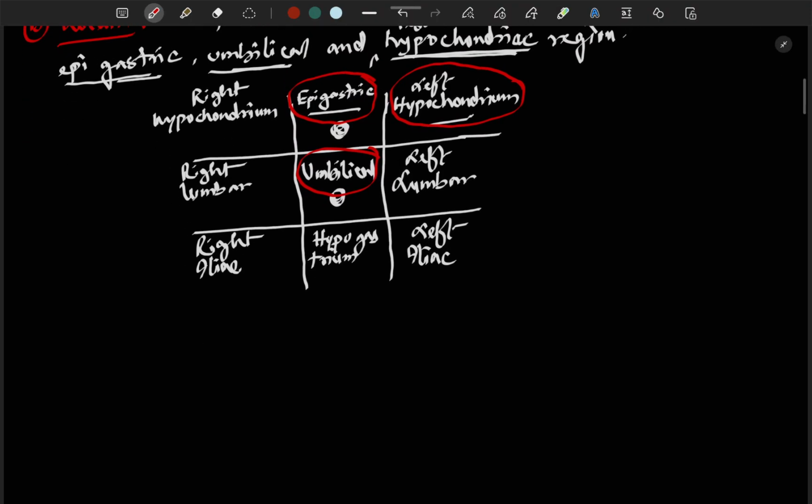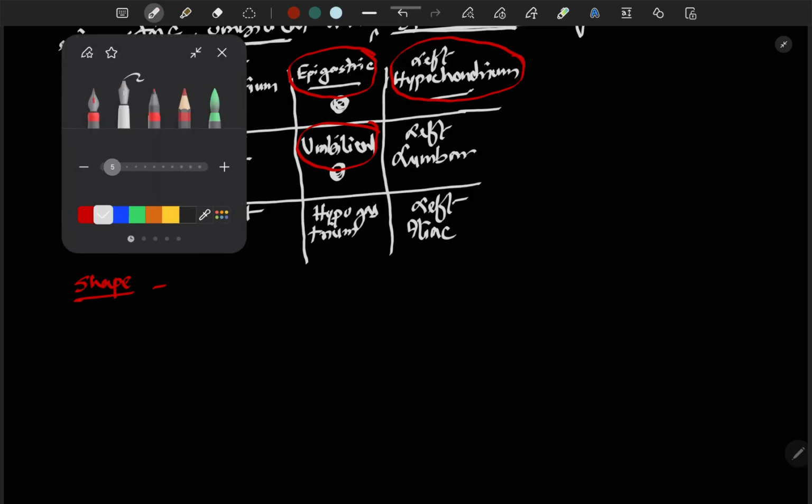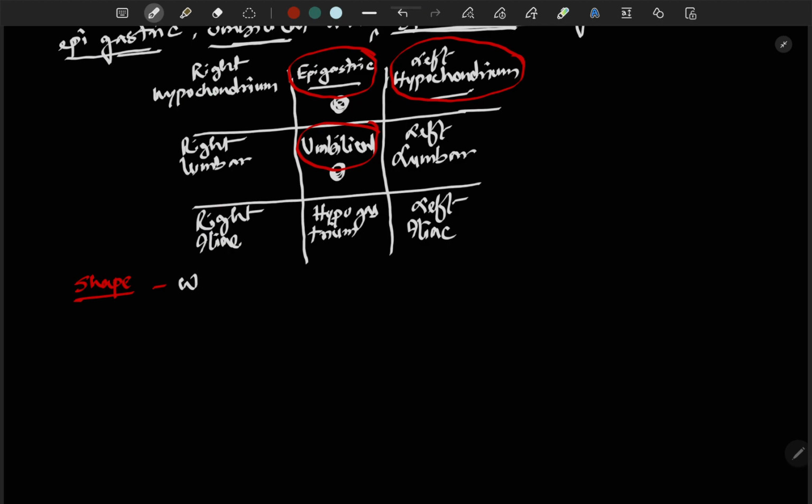After the location, know the shape of the stomach. When the stomach is empty, it is inverted J-shaped.